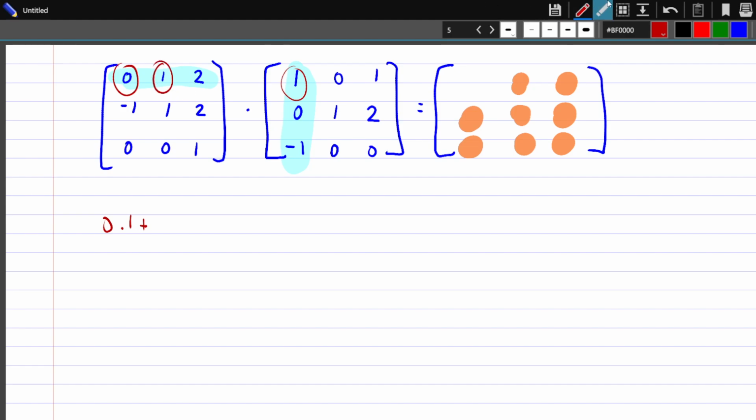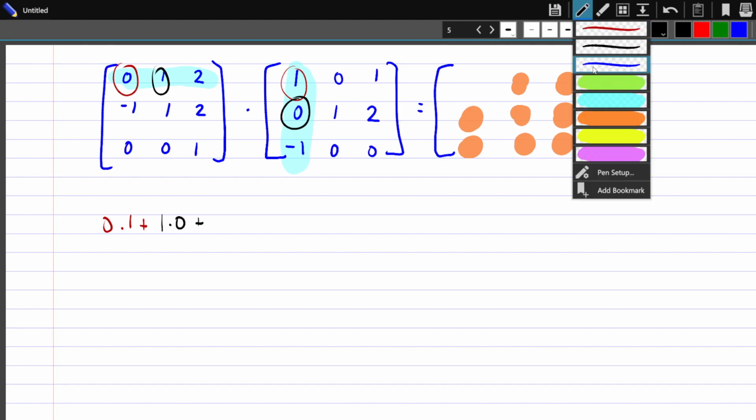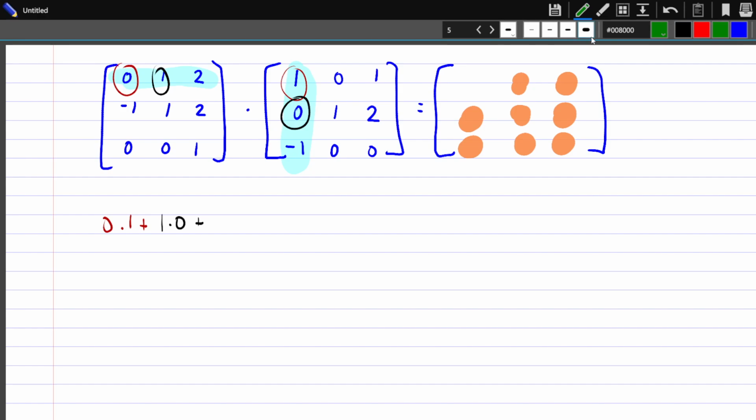1. Let me pick a different color. And we will multiply it with this one. 1 times 0 plus the third element here. We will multiply it with the third element here. 2 times minus 1. Do you get the process?